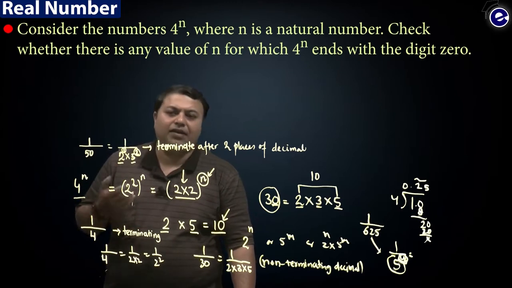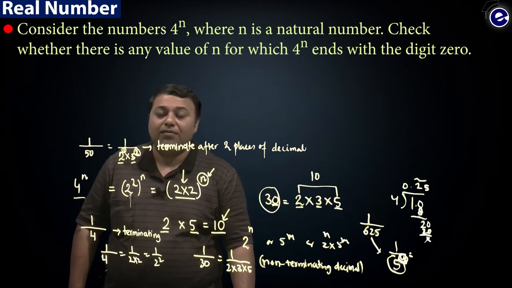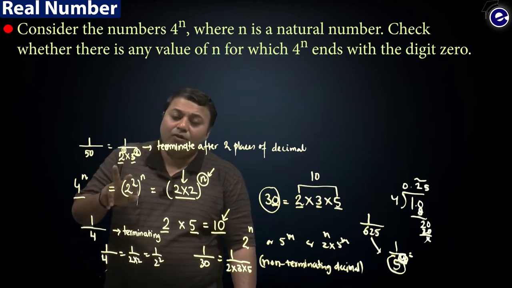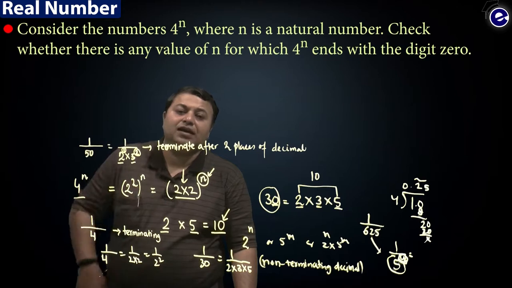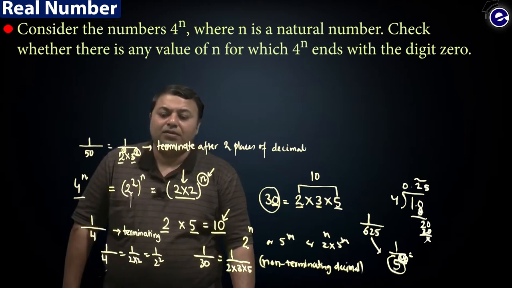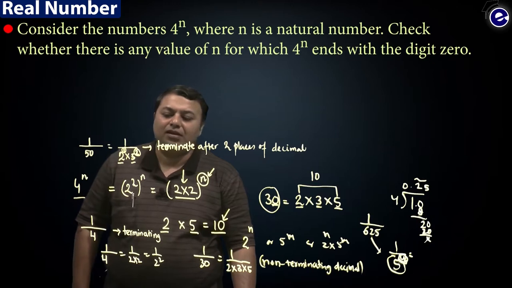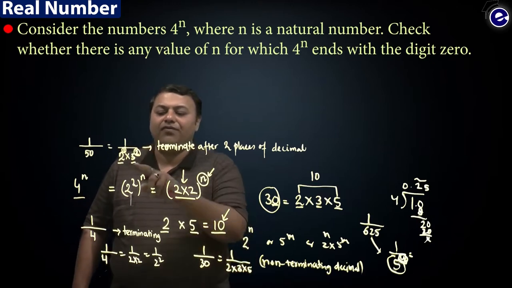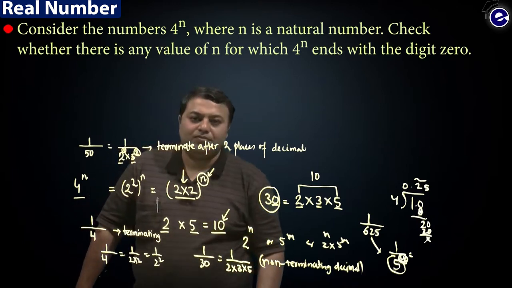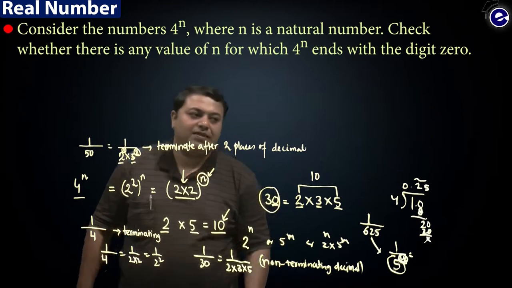Yes, it will be a terminating decimal. But remember that out of 2 and 5, whichever has the higher power, that power gives the number of places of decimal after which it will terminate. So what is the power of 5 here? It is 2. So it will terminate after 2 places of decimal.